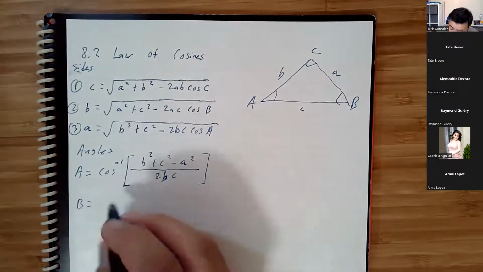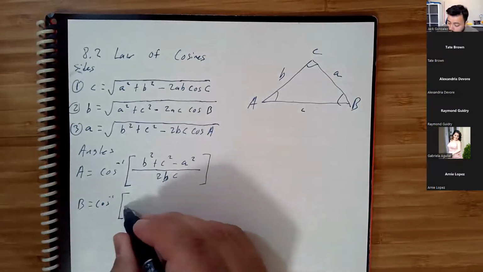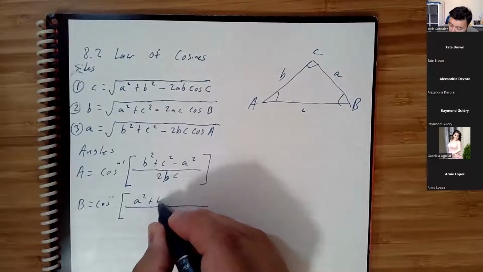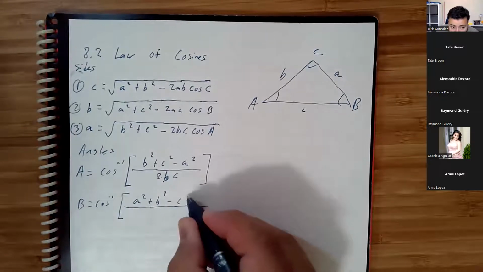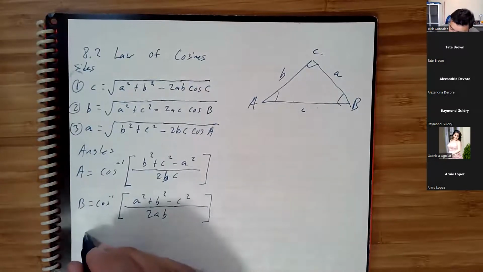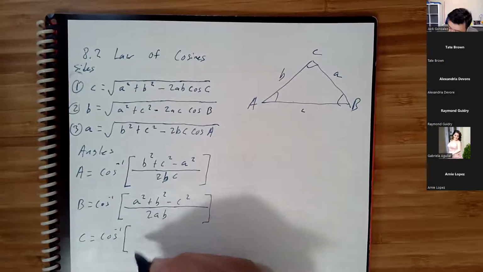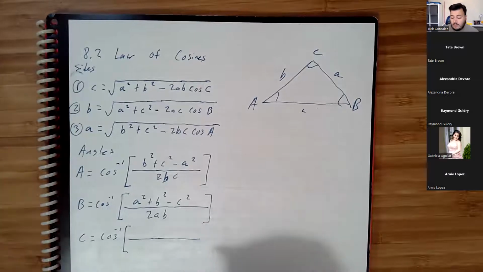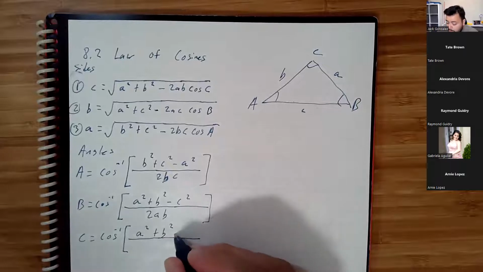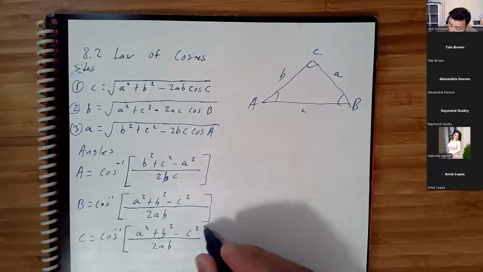Capital B is cosine inverse of a squared plus c squared minus b squared over 2ac. Capital C is cosine inverse of a squared plus b squared minus c squared over 2ab.